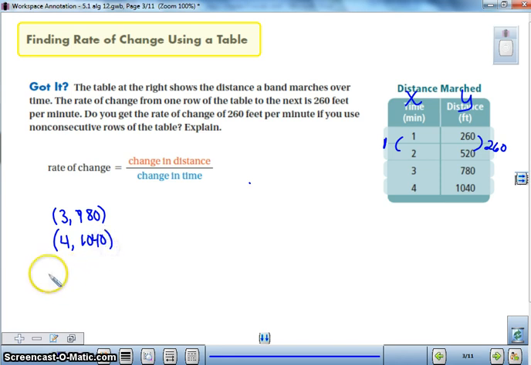I'd also have you do one more, if we go from 1 minute, where they have marched 260, and then you will have gone to 4 minutes, 1,040.